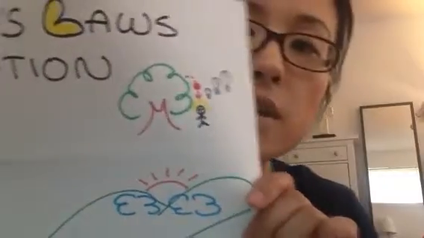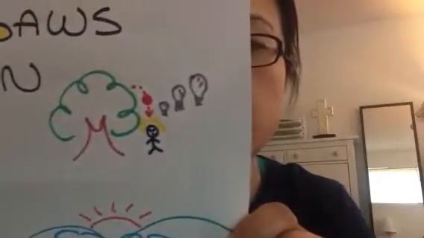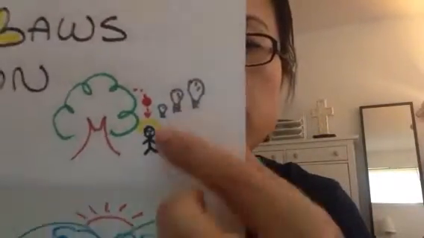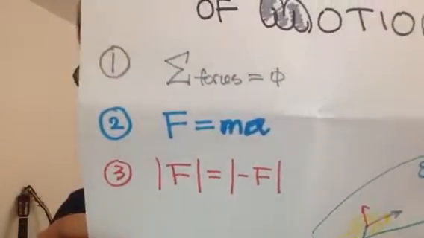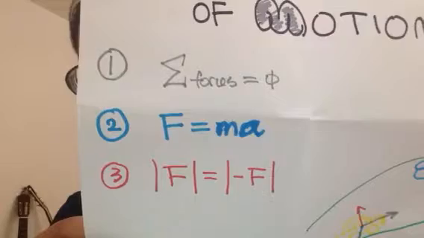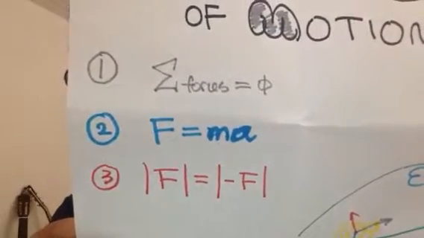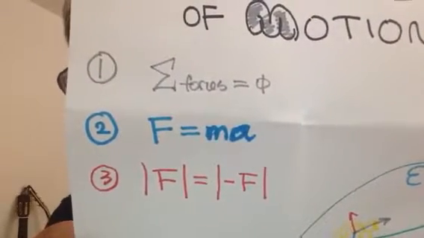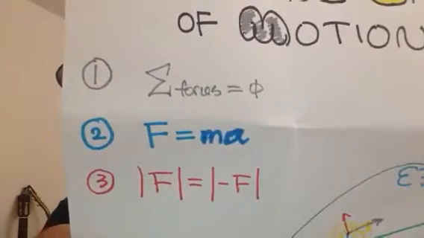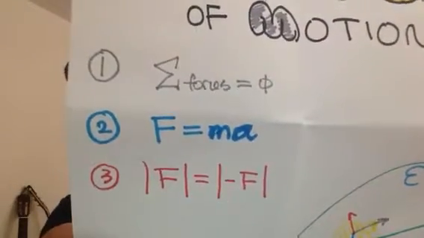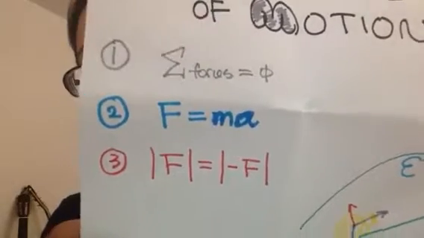But first, we need to review the 3 laws of Newton's laws of motion. Remember Newton? The dude that was sitting under the tree one day, an apple falls on his head and he went ding ding ding, came up with 3 ideas. Number 1, the sum of forces in direction and in magnitude must equal to 0 when it's exerted on an object for the object to be moving forward at a constant speed or at rest.